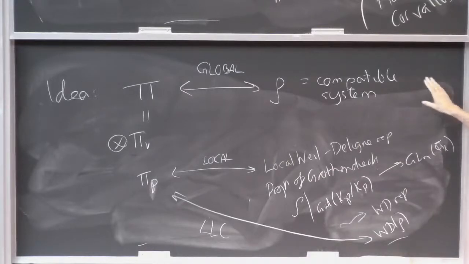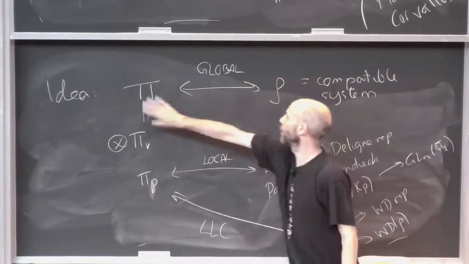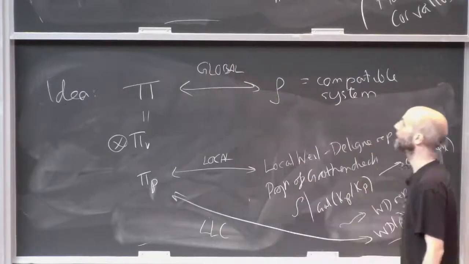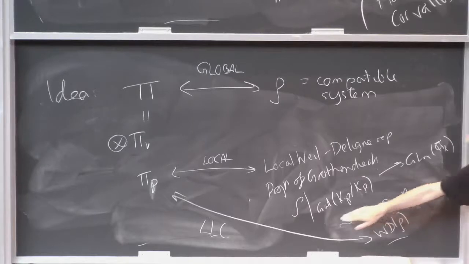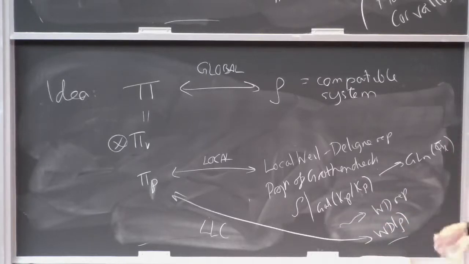So I've got my global ρ that's matching up with some global π whose definition we're missing. And I can look at my global ρ locally, and I get local Galois representations, which by some machine we talked about earlier gives me local Weil–Deligne representations.